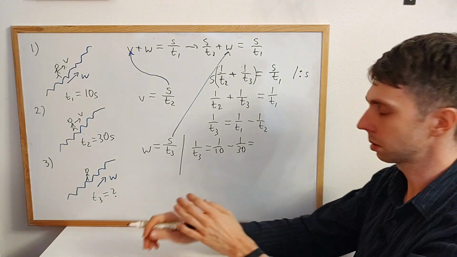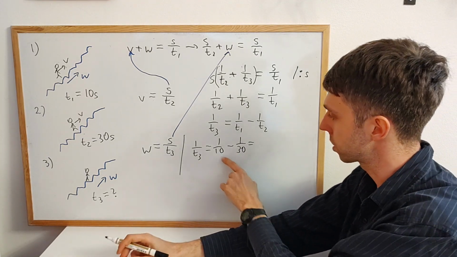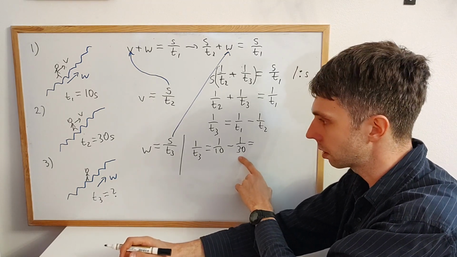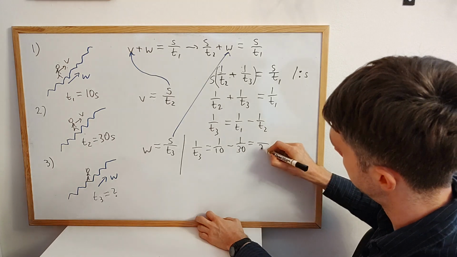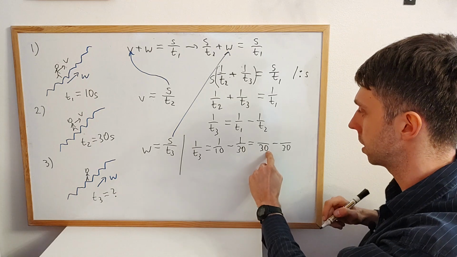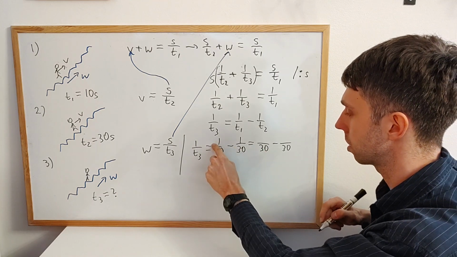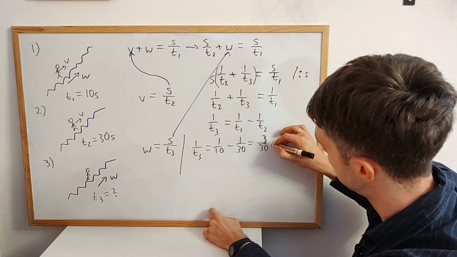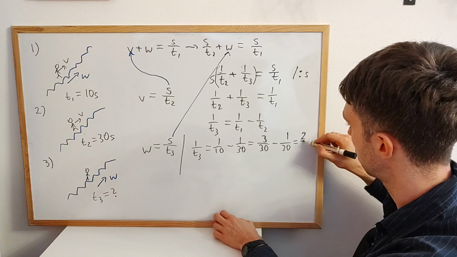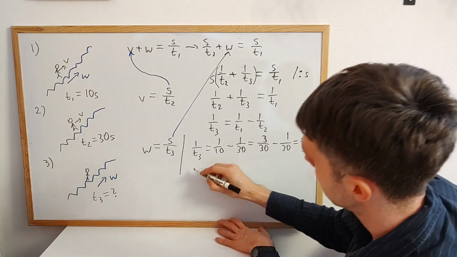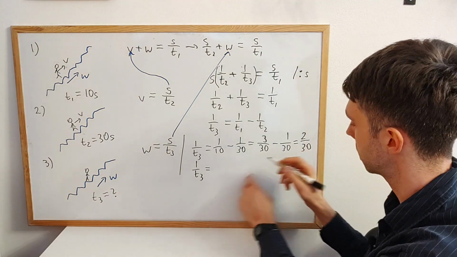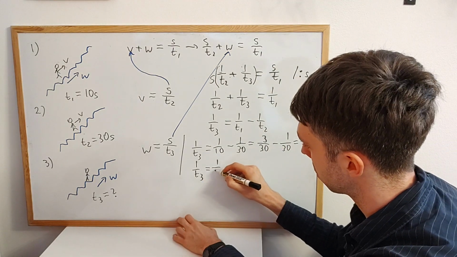So that's, you know, the tricky part with fractions. You need a common denominator, so it would be 30. So you multiply the bottom by 3, so you also multiply the top by 3, so it's 3 over 30 minus 1 over 30, so it's 2 over 30, and you can further simplify it, so 1 over t3 is 1 over 15.